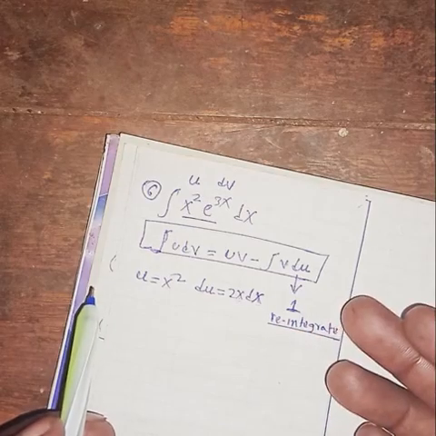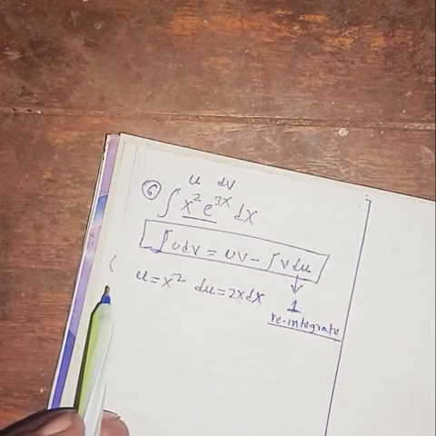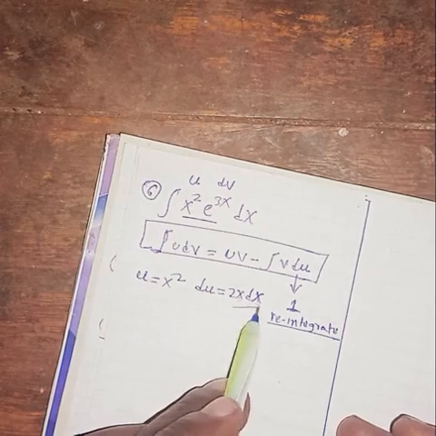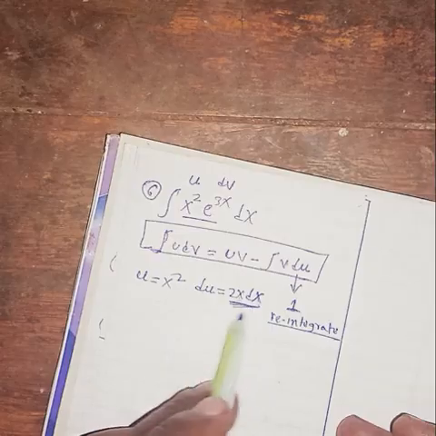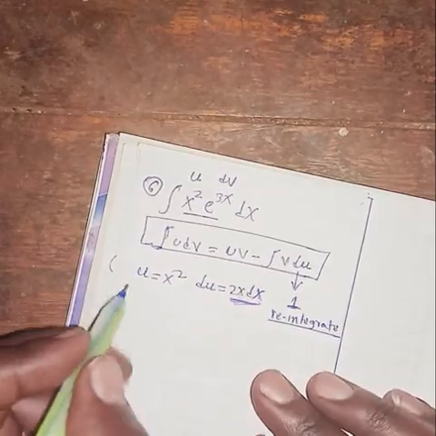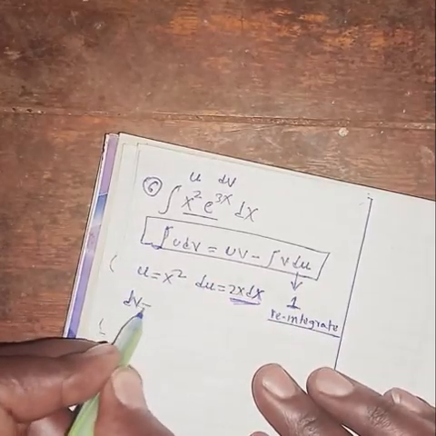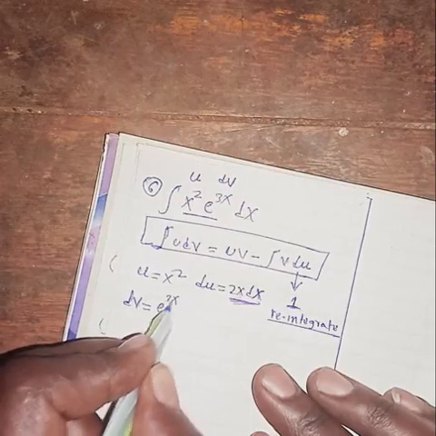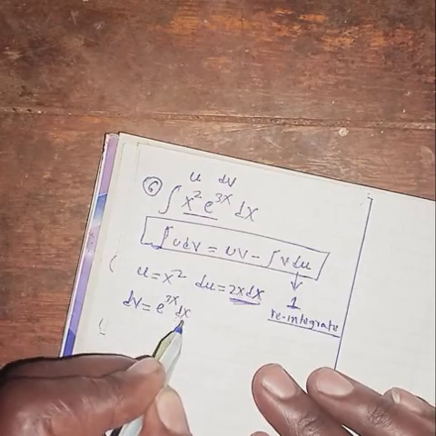So it means we shall do more than once. Even the u itself is enough to tell you that this thing will be done more than once. Guys, let us do the first one. So let dv be e raised to 3x dx.